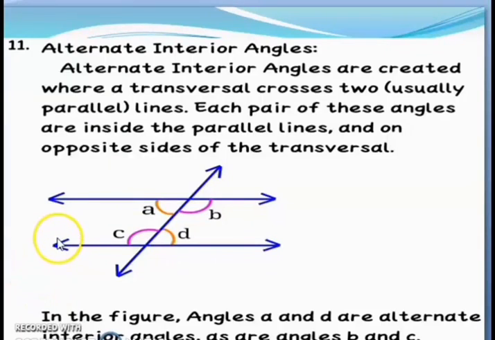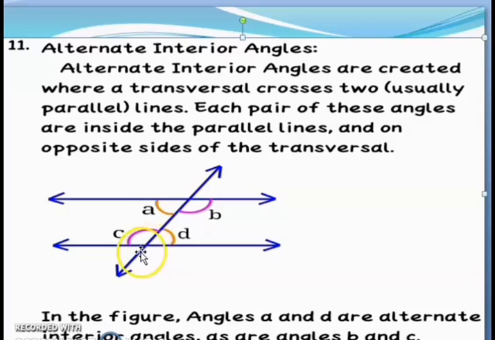There is another type of angles, that is alternate interior angles. Alternate interior angles are created where a transversal crosses two usually parallel lines. Each pair of these angles are inside the parallel lines and on opposite sides of the transversal. Dear students, here these are two parallel lines, this line and this line.